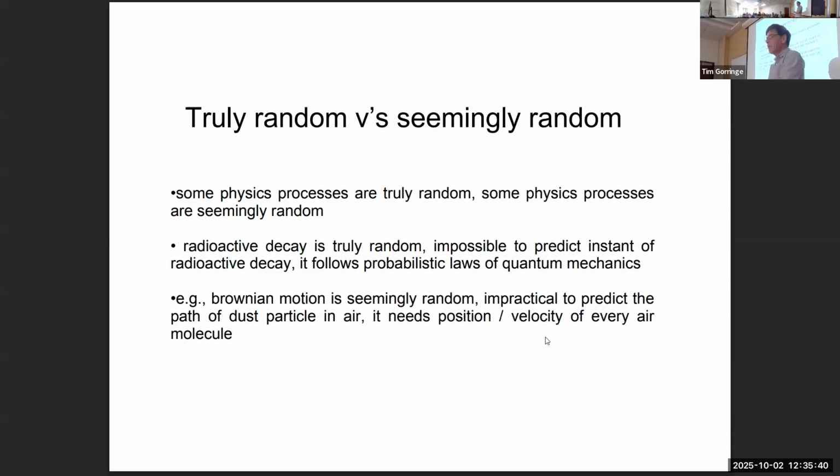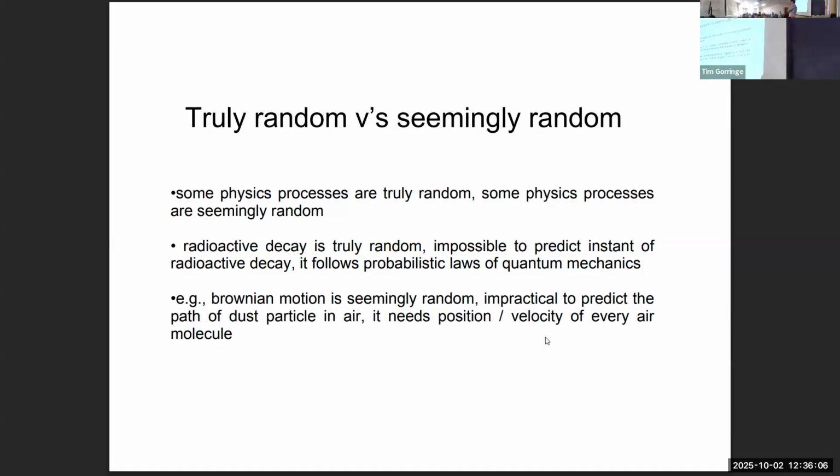So as a practical matter, it becomes a random process, because it's not a calculable process, although it is ultimately a deterministic process. So that's truly random, radioactivity, classic example. Seemingly random, Brownian motion, classic example.